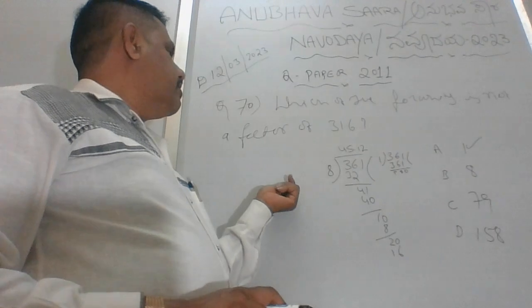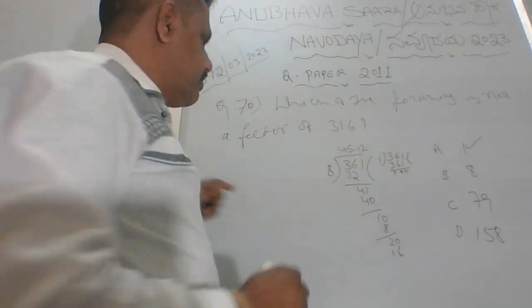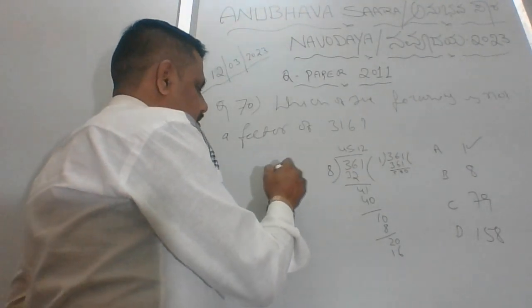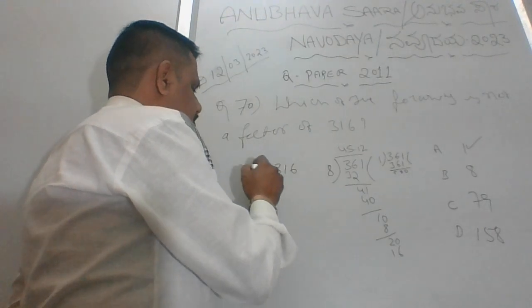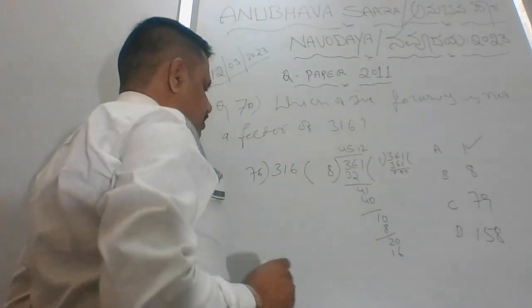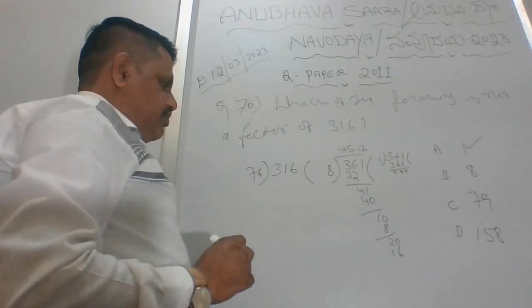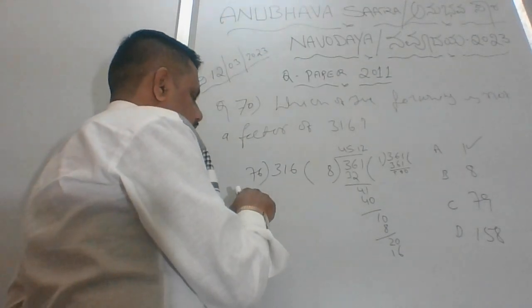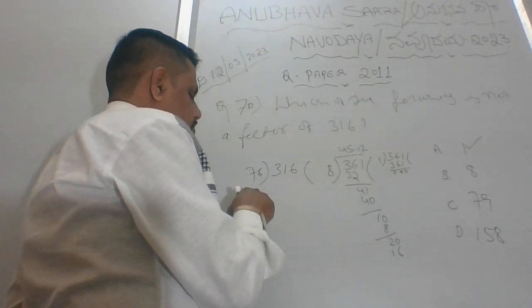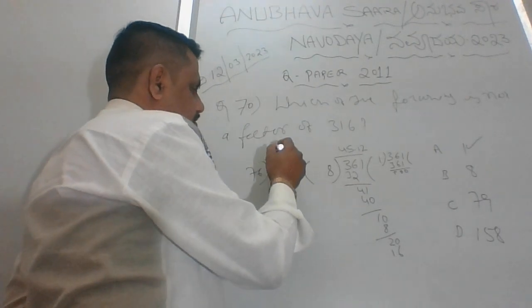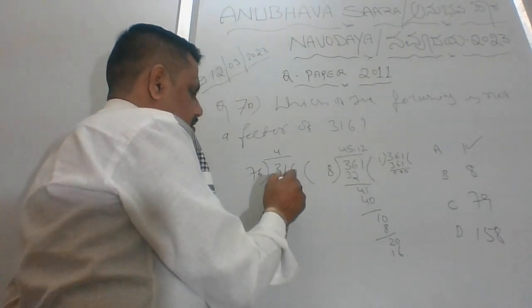Fine. Then we will go with 79. 316 by 79. From which number does it go? Let's try with 4. Okay.